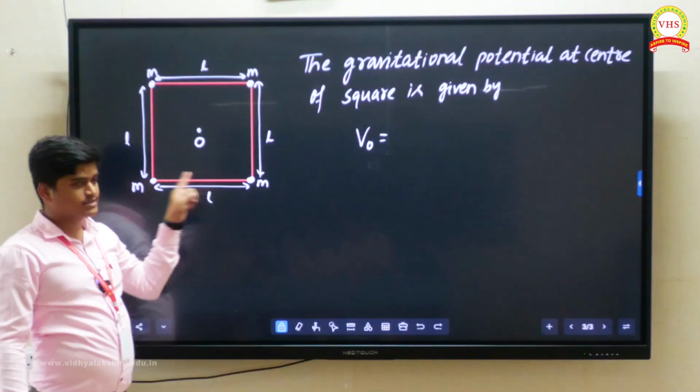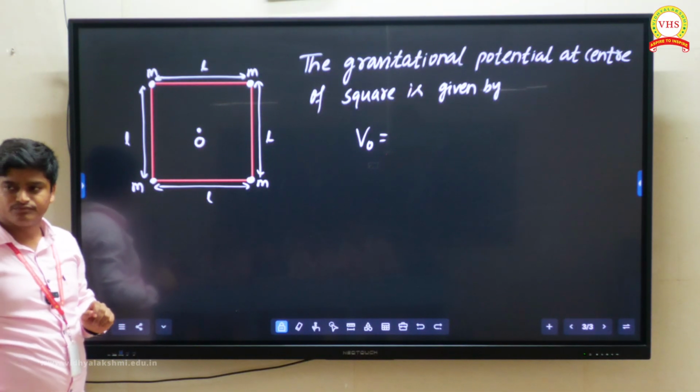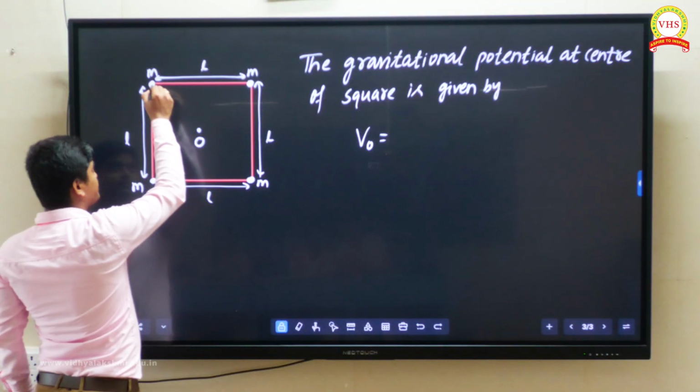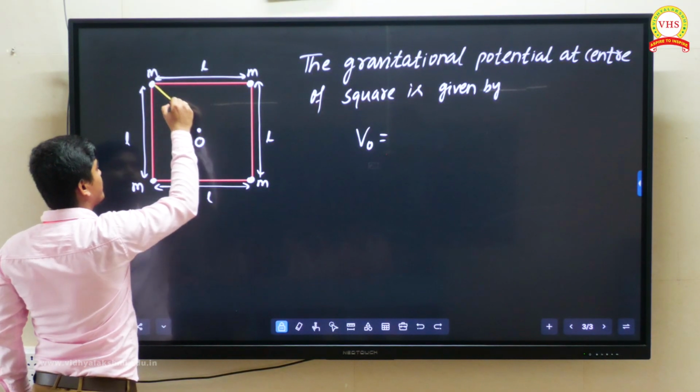Due to each mass, you have to check what is the gravitational potential there. Now, each mass is at how much distance from this center? That one you try to find first.